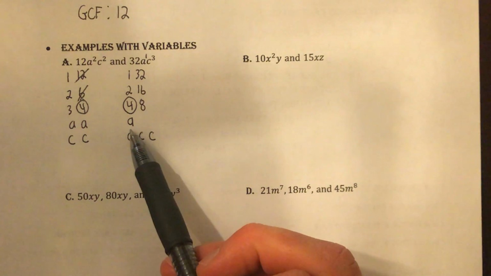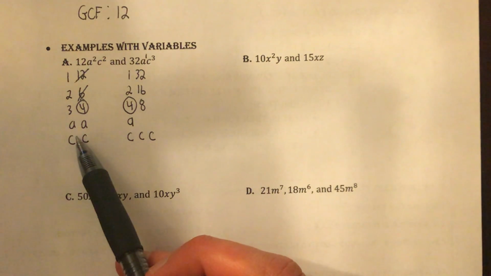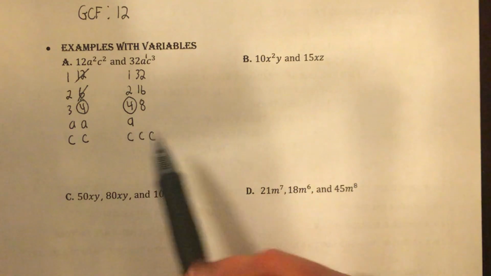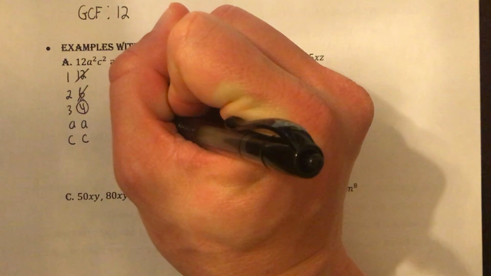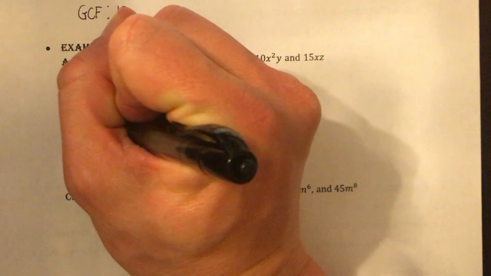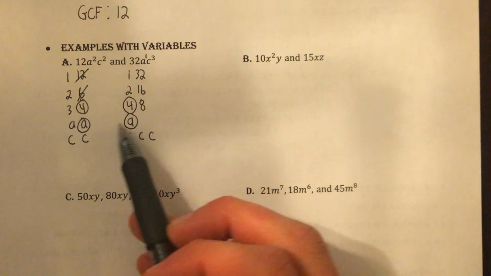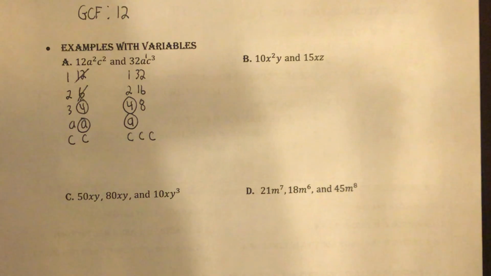This one only has 1 a, this one has 2. I can't have 2 in this one because there's only one of them. So my greatest common factor of a's is just one of them. That's going to leave this extra a over here, and that's completely fine, but only one a in this list.